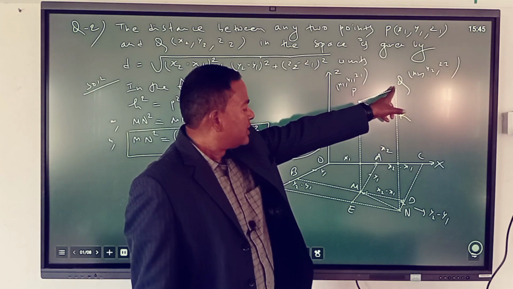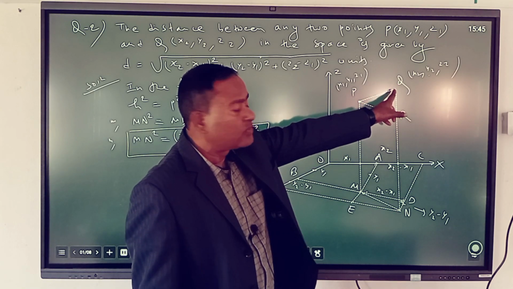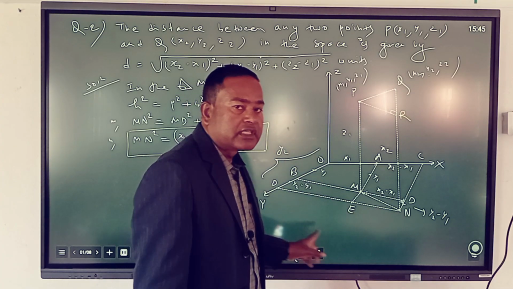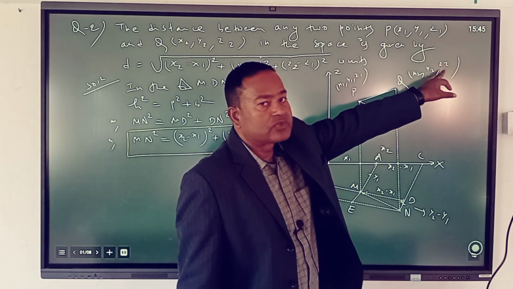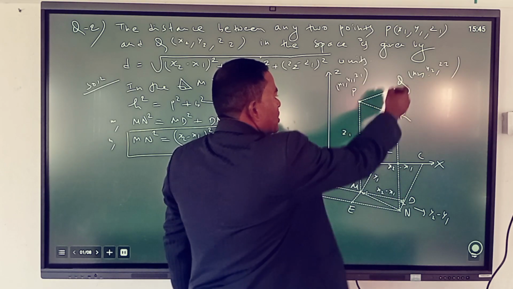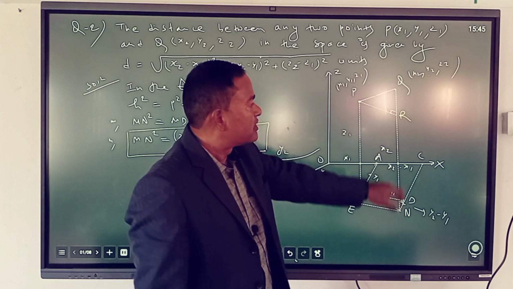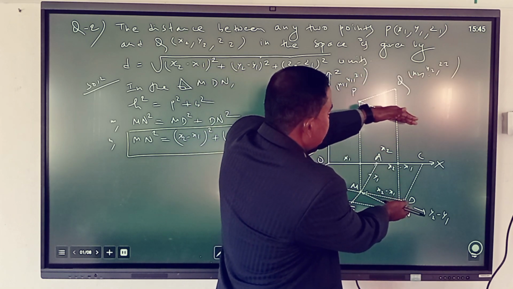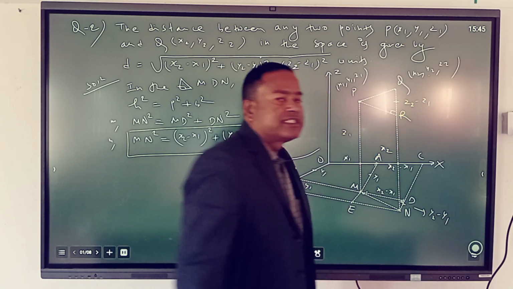And QN, from the point Q we have drawn perpendicular QN to the XY plane. So QN represents the Z coordinate, that means Z2. So QN is Z2 and RN is Z1. So from Z2, if we subtract Z1, then the remaining will be Z2 minus Z1.